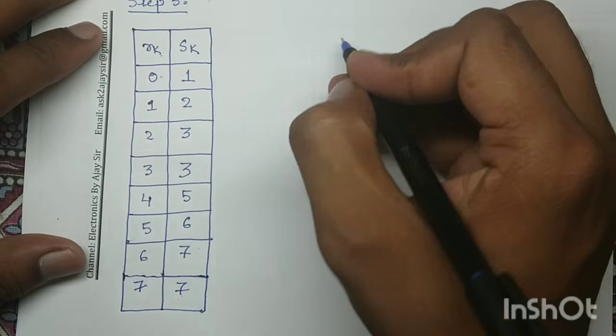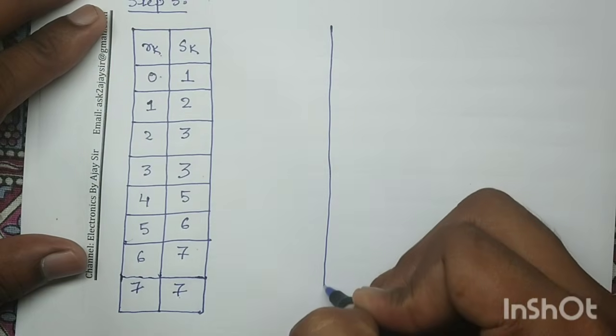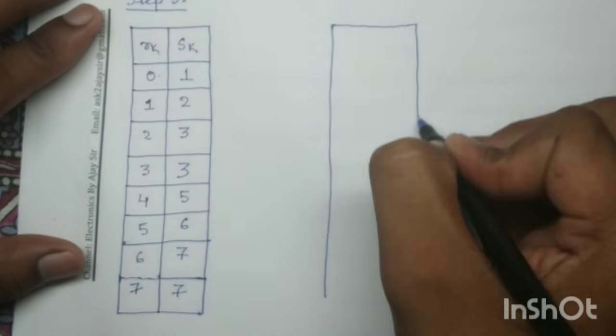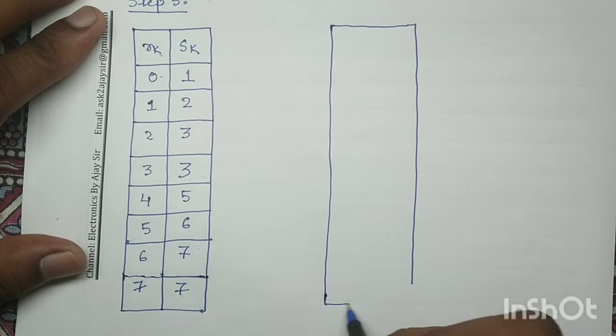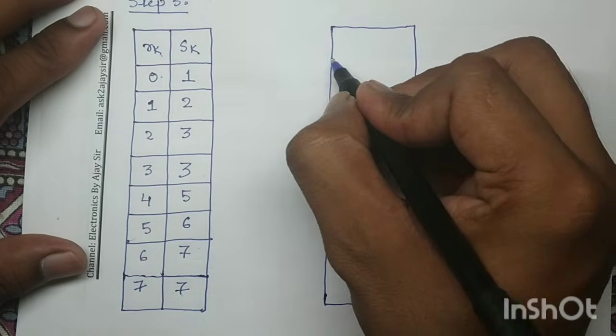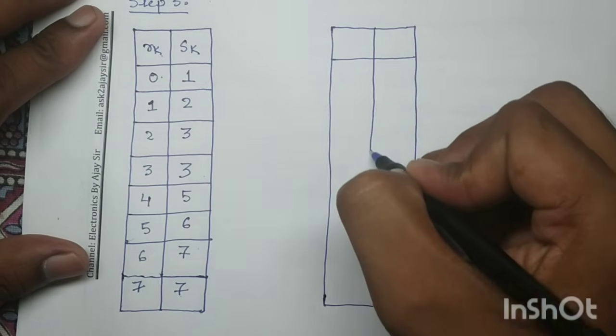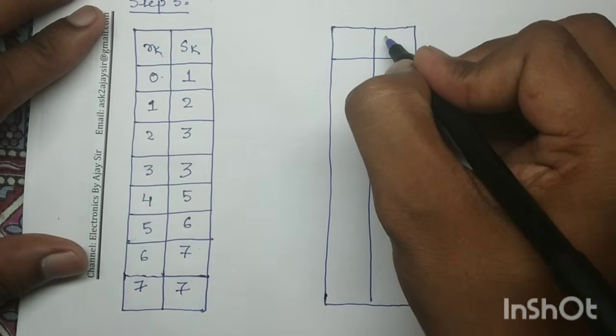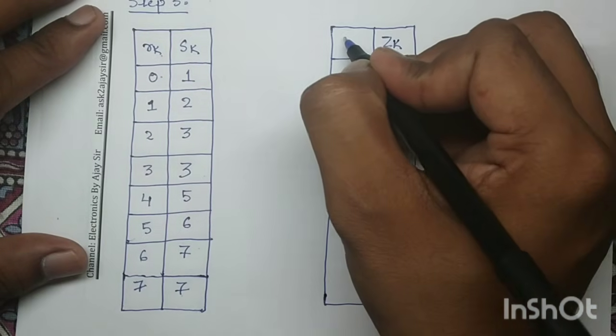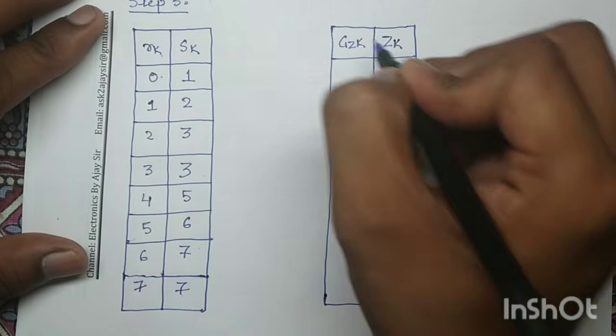Next we have to make a table like this. This side we will write the ZK, and this side we will write GZK.